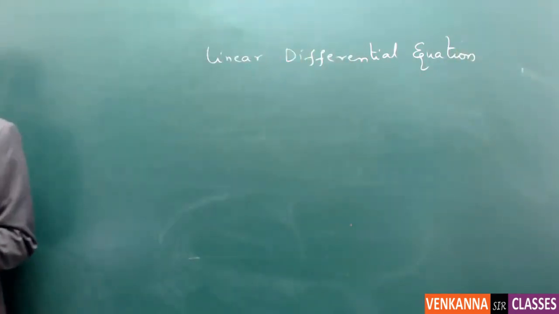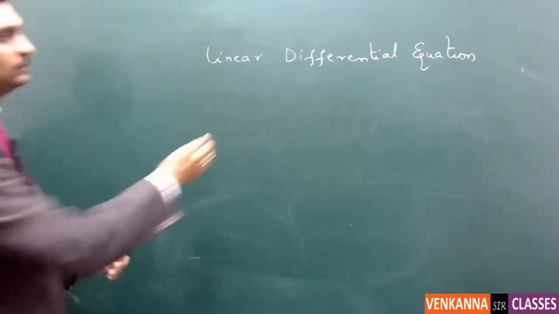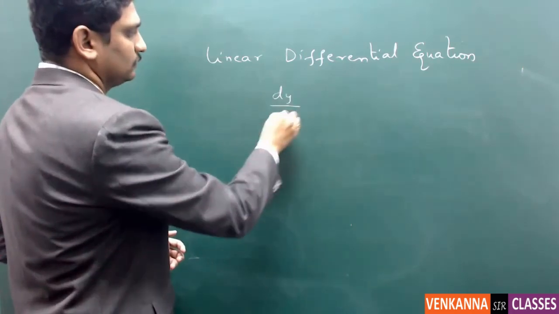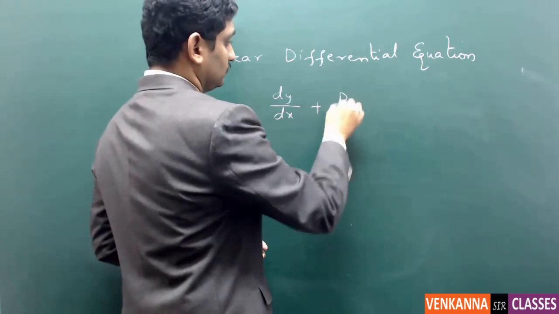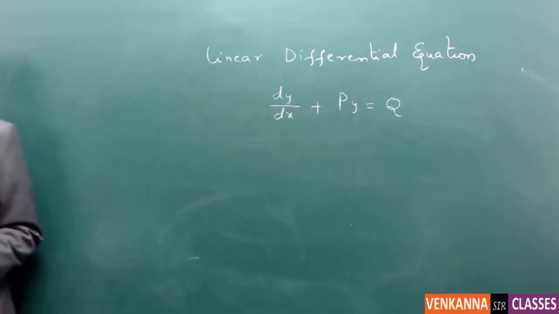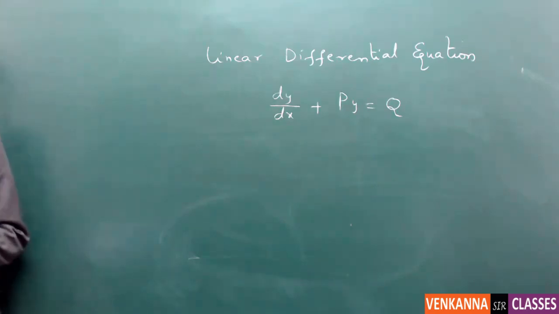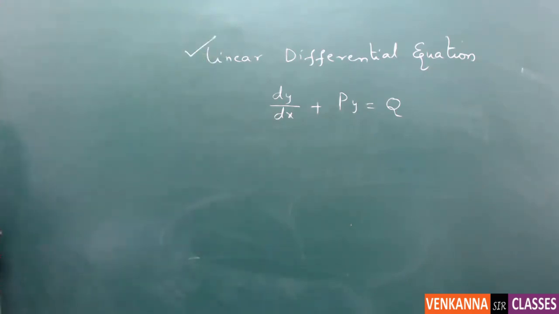So take linear differential equation as another topic. We know that the equation of the form dy by dx plus p into y equal to q is called a linear differential equation.